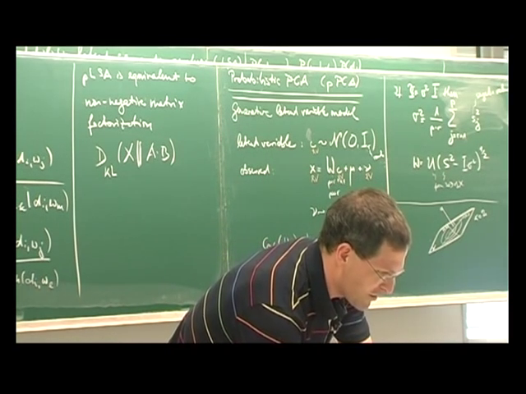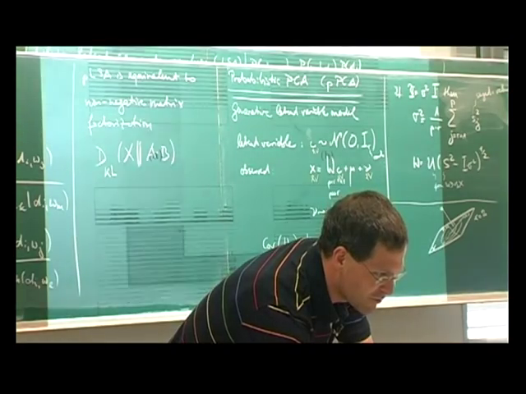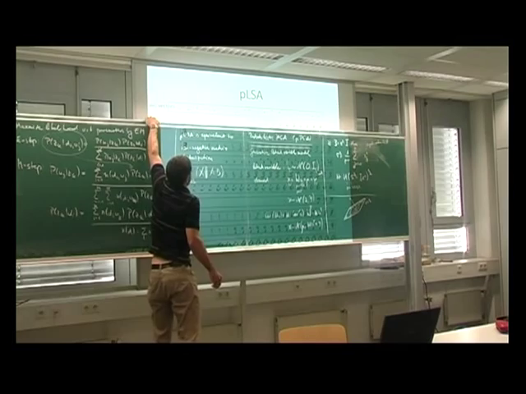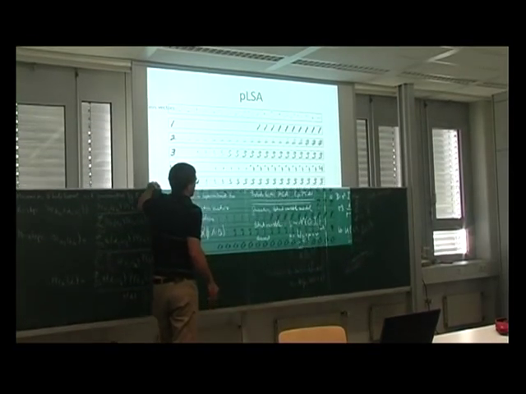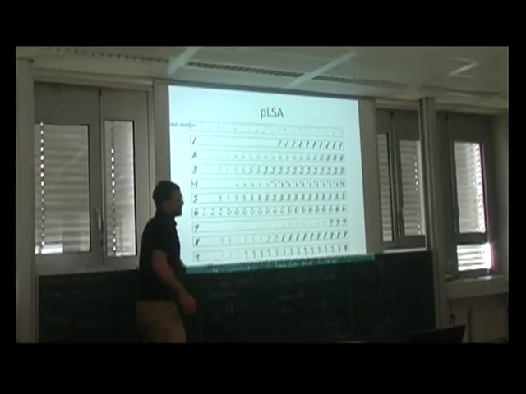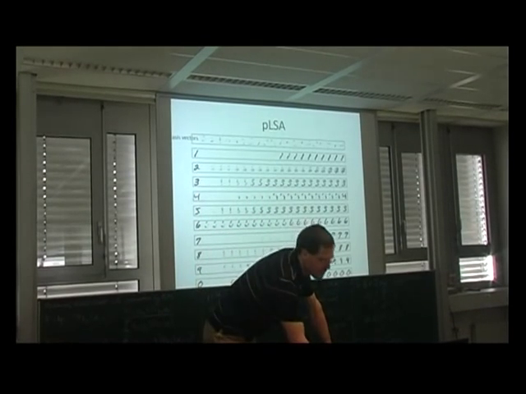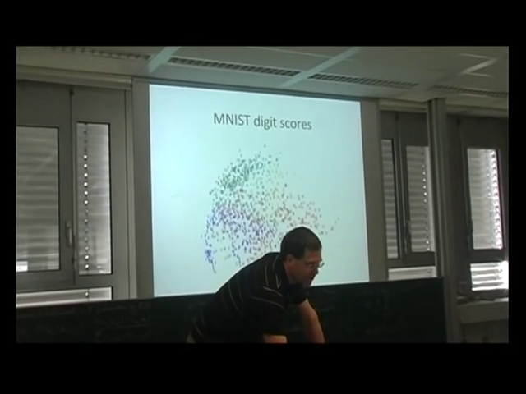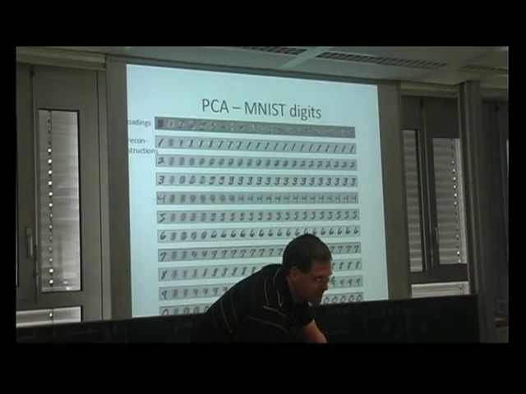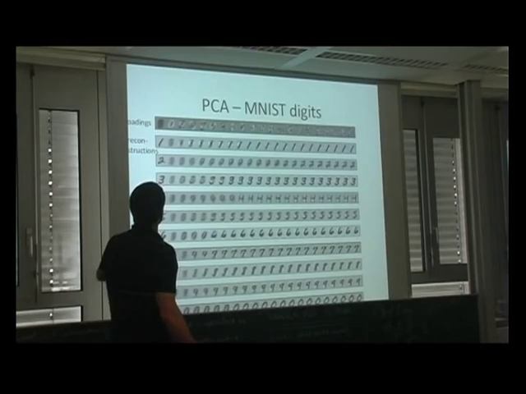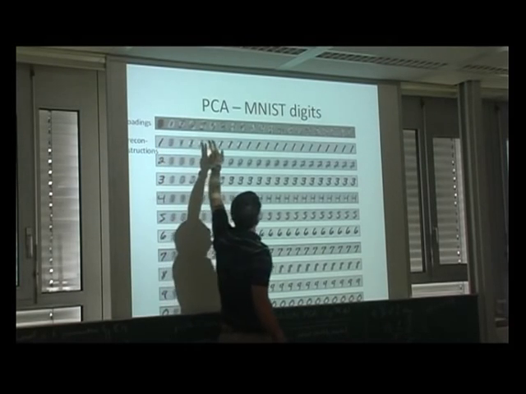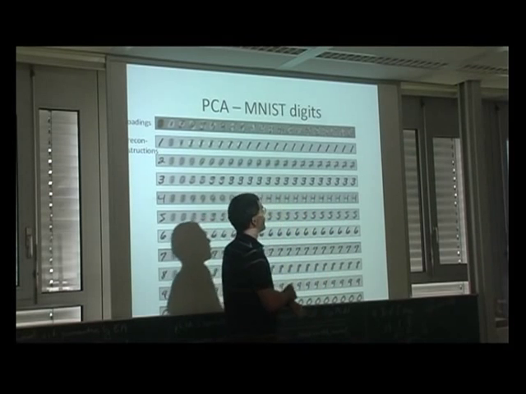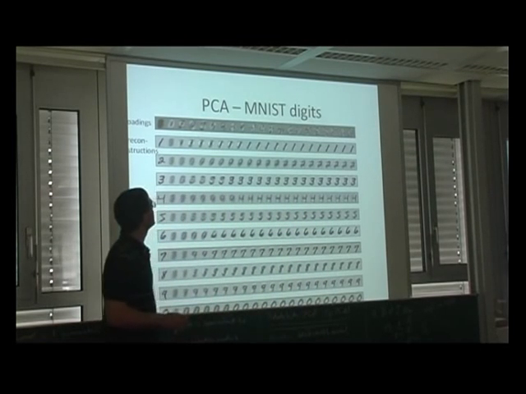I've applied this to the same data that you've already seen. So let's remember what this looked like in terms of PCA. In the first row, those were the PCA eigenvectors, and here were the reconstructions in terms of a growing number of principal components.